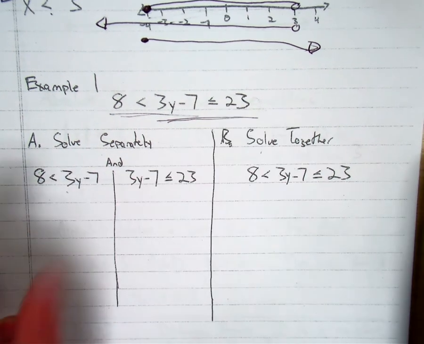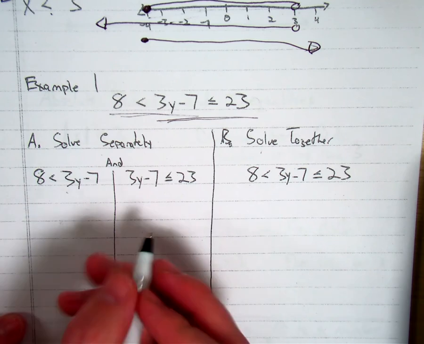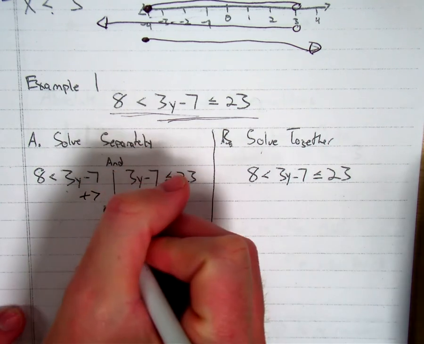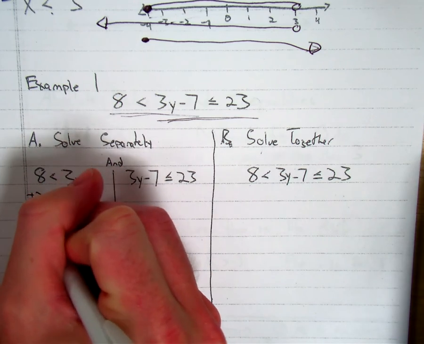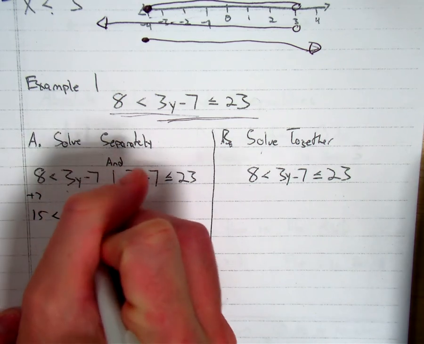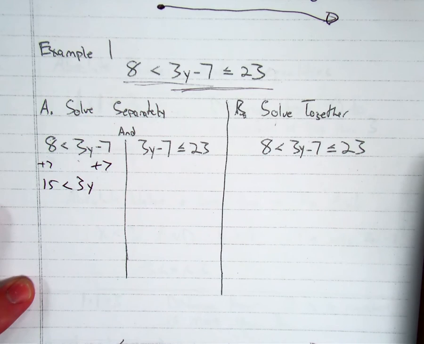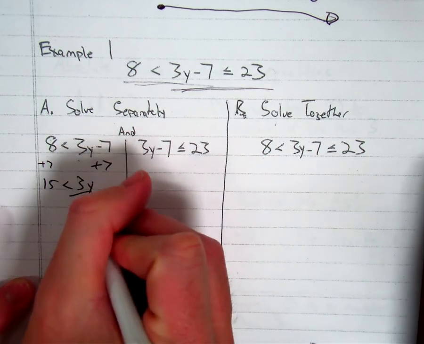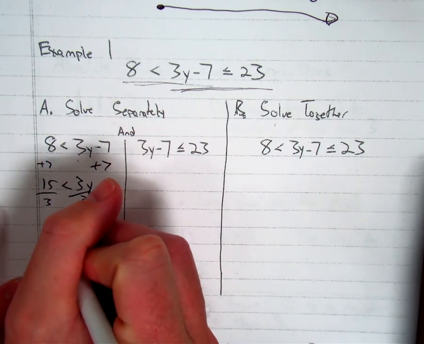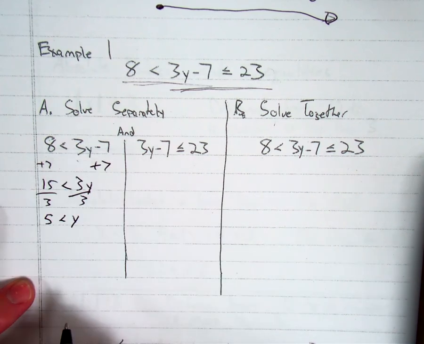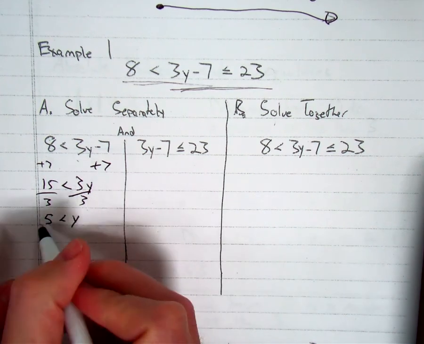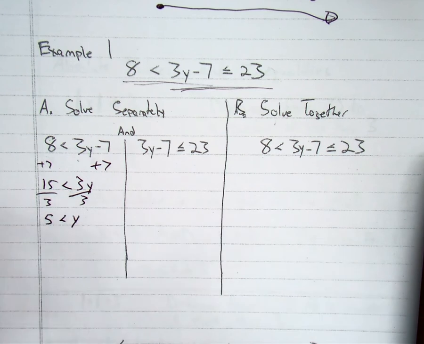So I'm just looking at the left side of it. 8 is less than 3y minus 7. You would add 7, and we're going to have 15 is less than 3y. We would divide by 3. We'd get 5 is less than y. Usually we have the letter on the other side, so be careful here.